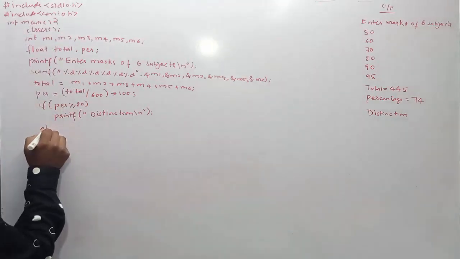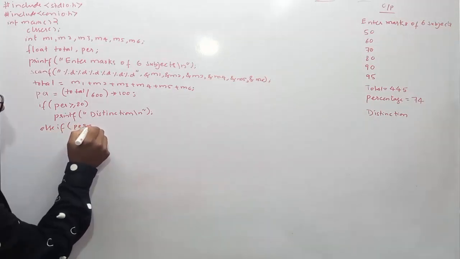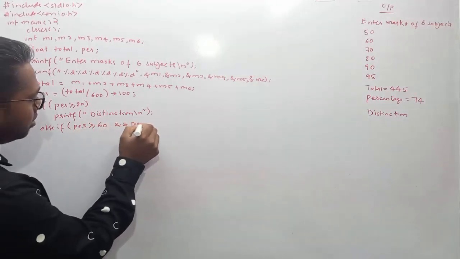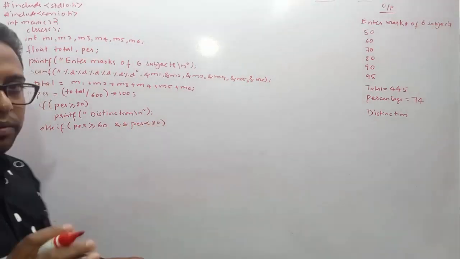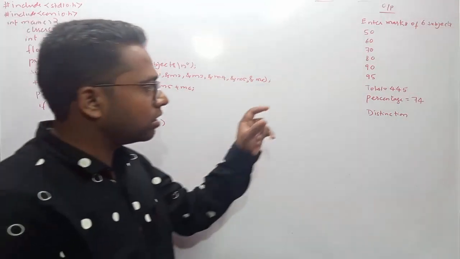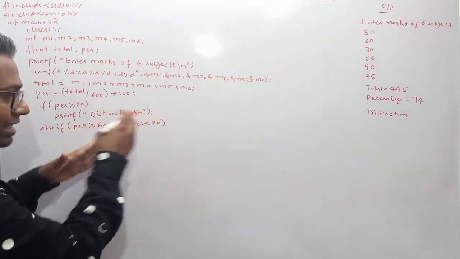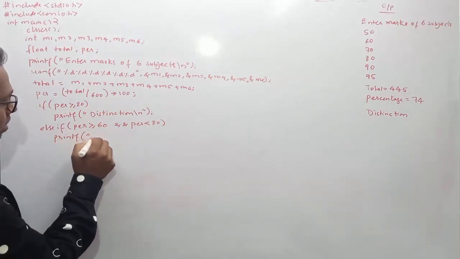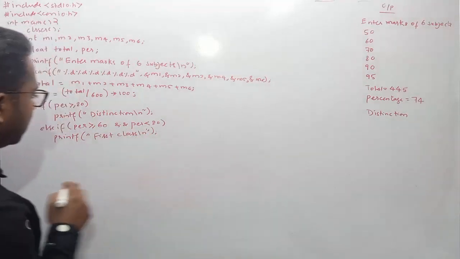Else if percentage is greater than or equal to 60 and percentage is less than 80. If the percentage which the student has got comes in the range of 60 to less than 80, then I will display printf first class.